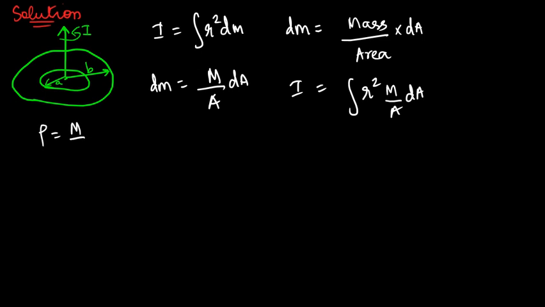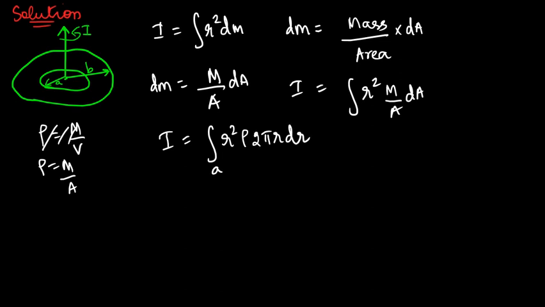Now we know that density is equal to mass by volume, but surface density will be mass by area. So my surface density, I am going to consider it as mass by area, that is rho. So instead of m by a, I am going to use rho. So I here is given as r square rho, and instead of dA, I can use 2 pi r dr. So this is integral over a to b.